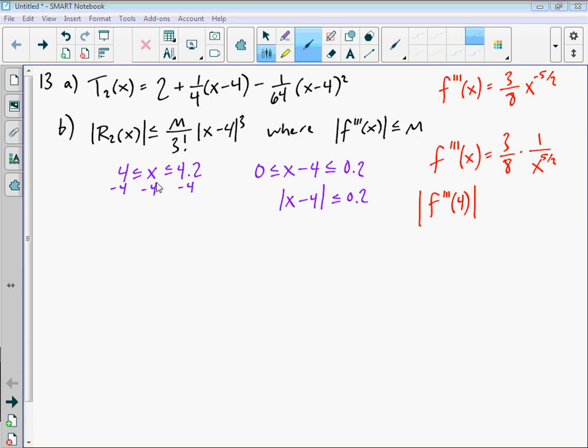We end up subtracting 4 here because we're trying to get it to look like this part here, the absolute value of x minus 4, so we can plug in for the absolute value of x minus 4. And then the other thing we need to plug in is our m. And to plug in our m, we've got to use this part here to come up with what our m value is. So that's what we're going to work on now. But does that make sense, the subtracting 4 to get it this part here? Yeah. Okay.